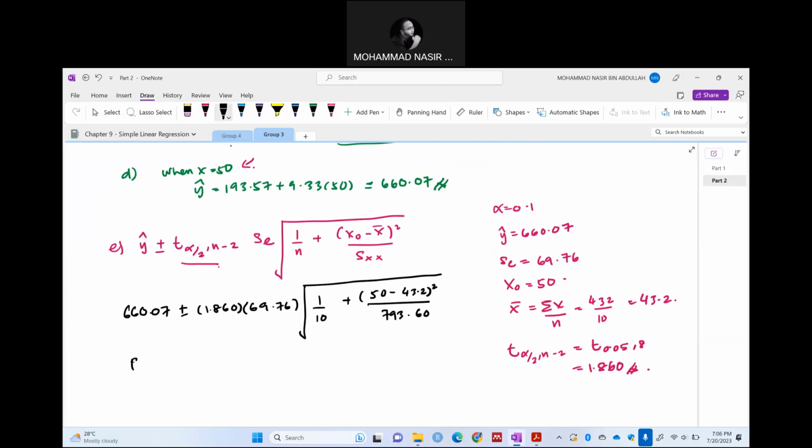You should get 660.07. Sorry. So we have 90% confidence that the mean change will be between 659 and 660.